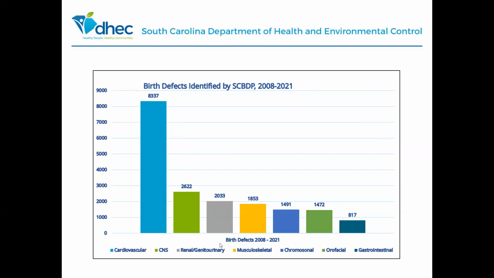And the third most common are the renal and genitourinary, like kidneys and genitals. I didn't get that when we went through that chart so fast. I apologize. Thank you so much for asking the question, but yes, it is heart defects that are the most common.